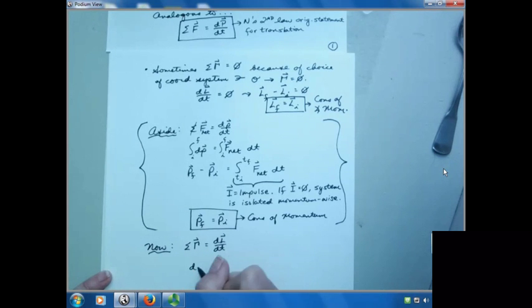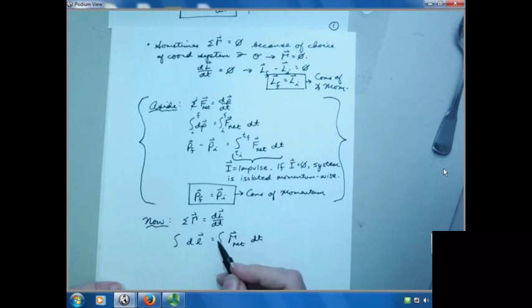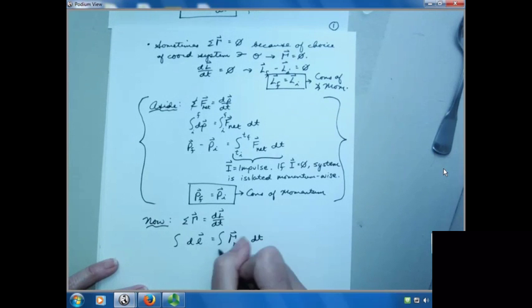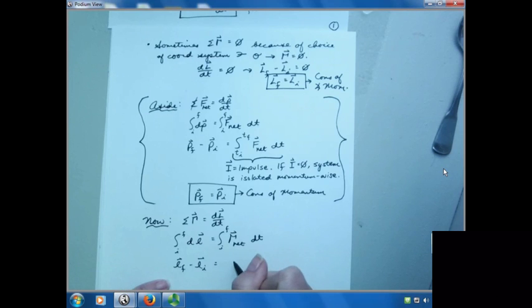So I would get dL is equal to gamma net dt. I'm going to integrate both from their initial to their final value of the integrating variable, and I get L final minus L initial is equal to the integral from initial to final of gamma net dt.